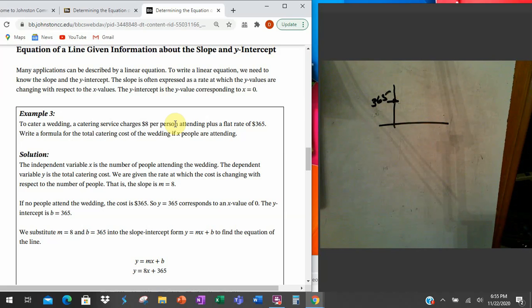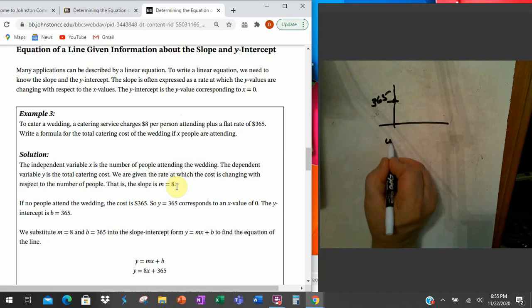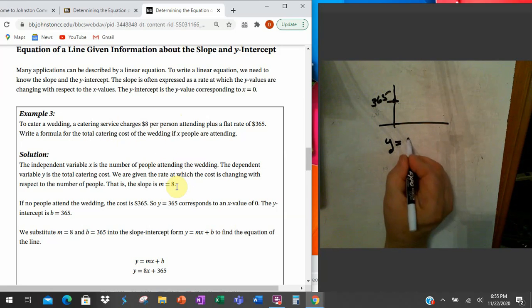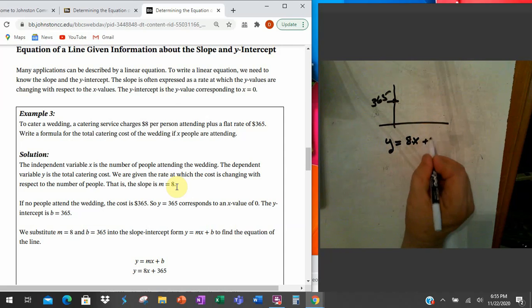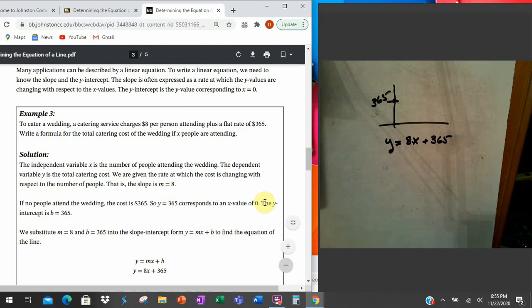So here, this is $8 per person. That indicates that this is the slope. That's per person times x number of people. So I want to write a model which just basically says $8 a person that I'm going to add for every person, plus I have my flat rate of 365.